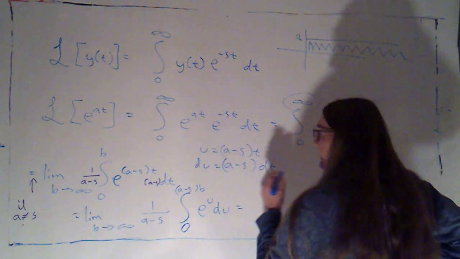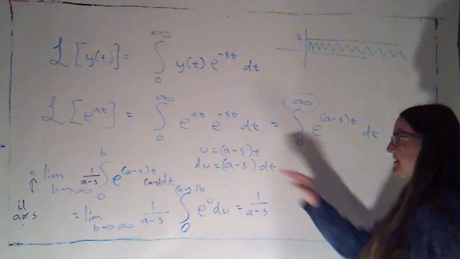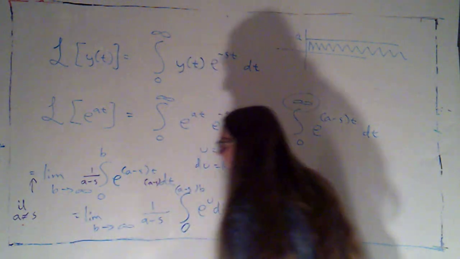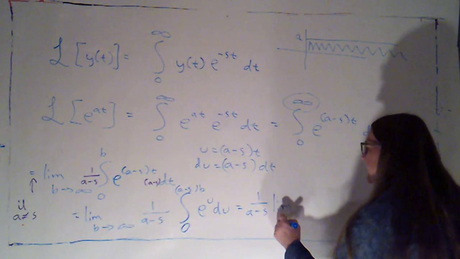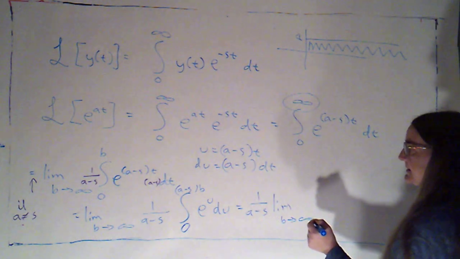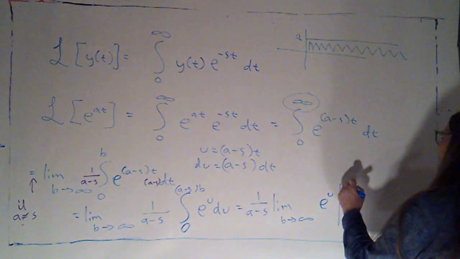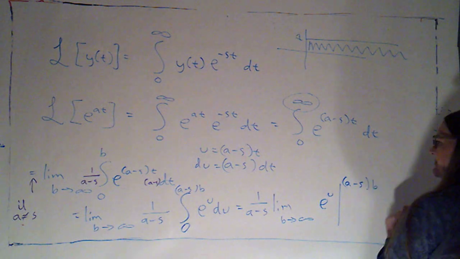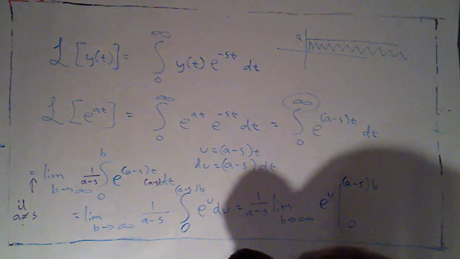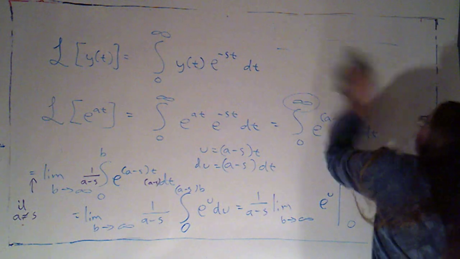For the purposes of this integral, s was just a constant, so 1 over (a minus s) is just a constant. I can factor that out. And then we've got the limit as b goes to infinity of, let's see, I can take an antiderivative, e to the u, evaluated between (a minus s) times b and 0. All right. So let's see what we get.